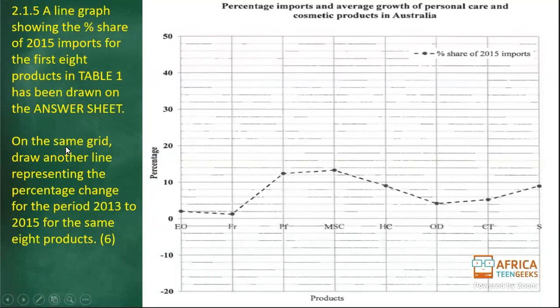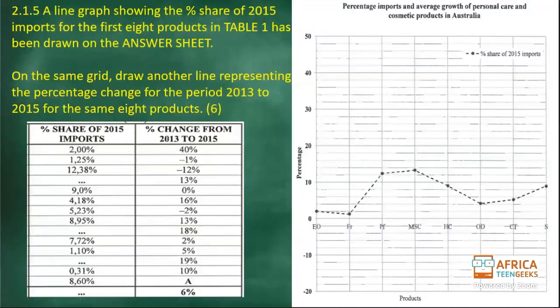On the same grid, they're asking you to draw another line representing the percentage change for the period 2013 to 2015 for the same 8 products. So I have shown you those different products here so that we can plot the graph together. For someone who understands plotting graphs, this really is free 6 marks for you. But for those who are not quite sure, let us do it together.